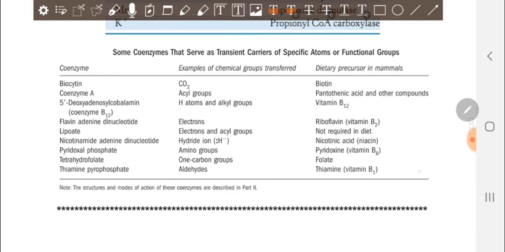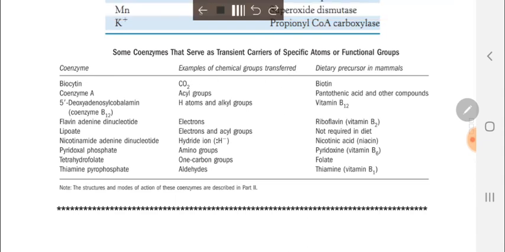In the next table, we have the dietary precursors in mammals of coenzymes. Biocytin is the name of the coenzyme, and biotin is the dietary precursor in mammals. The main function of biotin is carbon dioxide transfer. This is an example of the chemical groups transferred here.